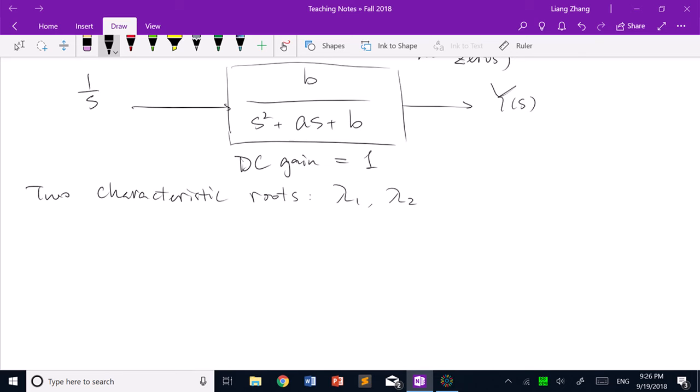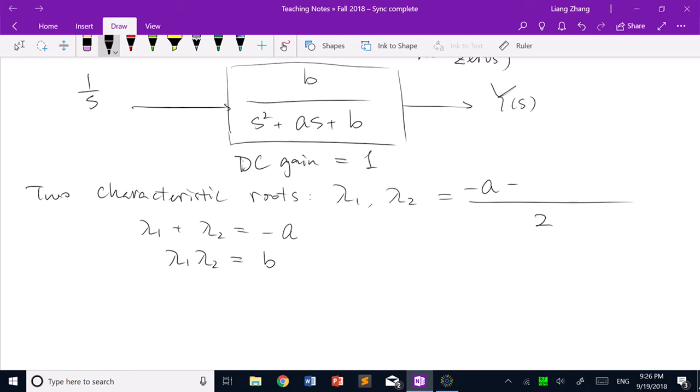And as you can find out maybe from your high school algebra notes or maybe your calculus notes, when you have a quadratic equation, the sum of the 2 roots will be equal to negative a. Product of the 2 roots will be equal to b.